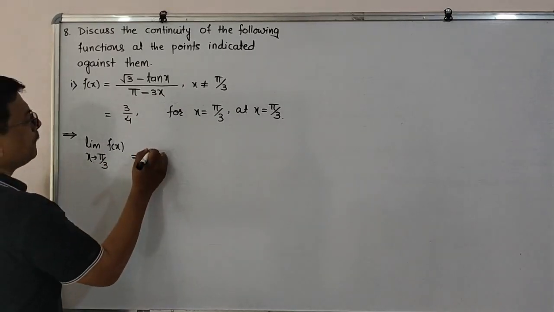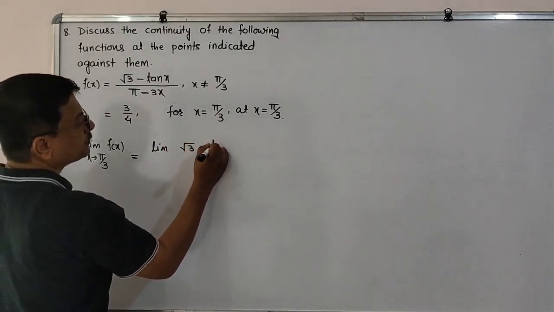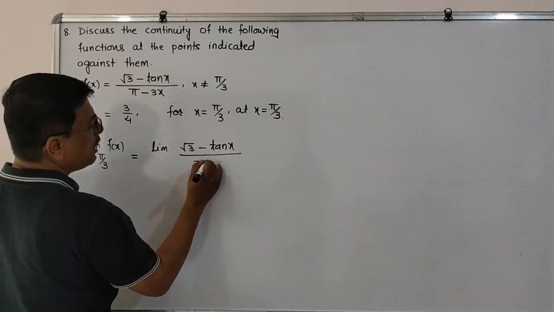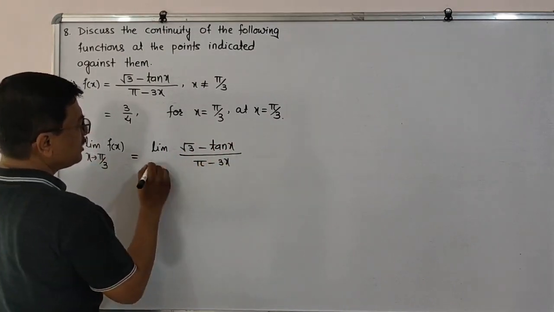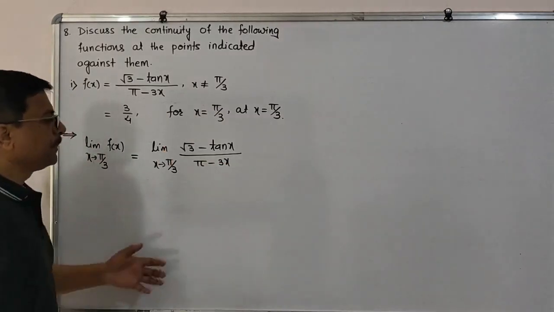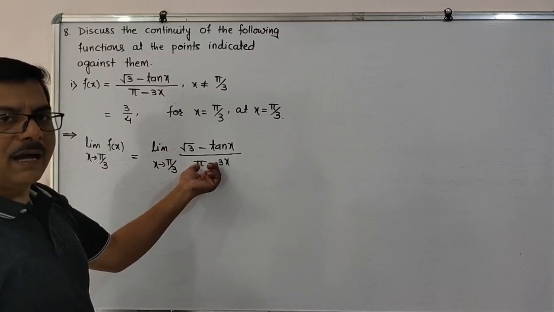Now, the limit of (root 3 minus tan x) divided by (pi minus 3x) as x tends to pi by 3. This is an example of substitution, as x tends to pi by 3 and here we have the term pi minus 3x.